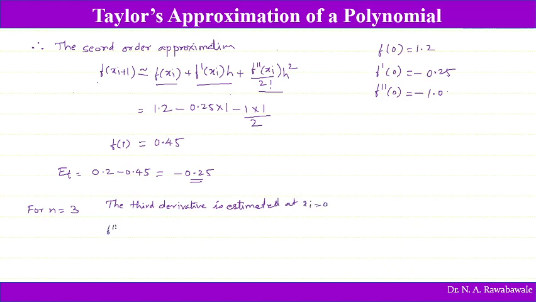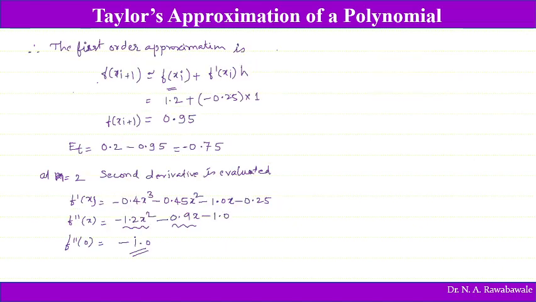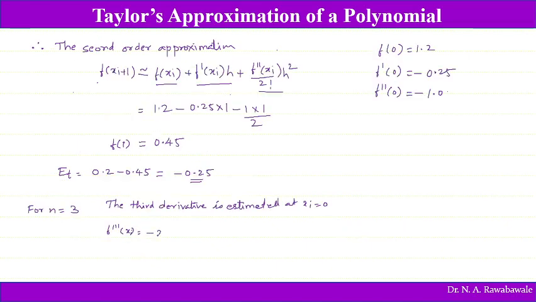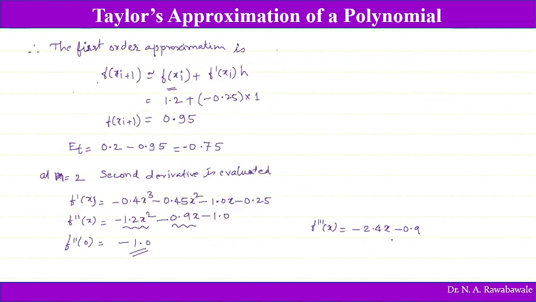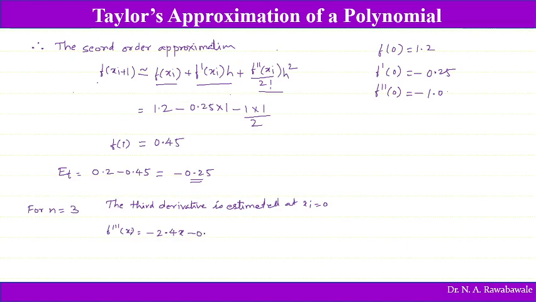So f triple dash of xi is given by, now if we differentiate this, f triple dash of x is equal to minus 2 into 1.2, 2.4 x minus 0.9.